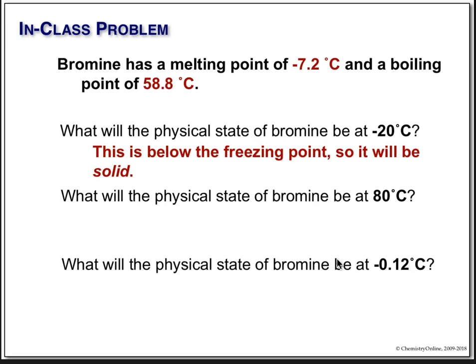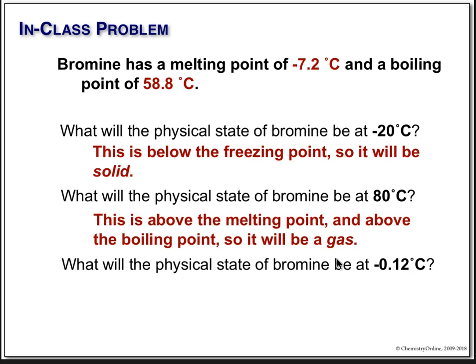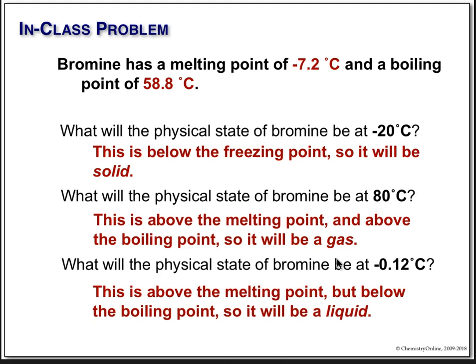Liquid bromine goes from liquid to gas. At 80 degrees, we're above that, so it's in the gas phase. And if we're right around 0, minus 0.12, remember, at minus 7, it melts. So we get up to 0, it's still a liquid. So think about melting points, boiling points, and whatever.